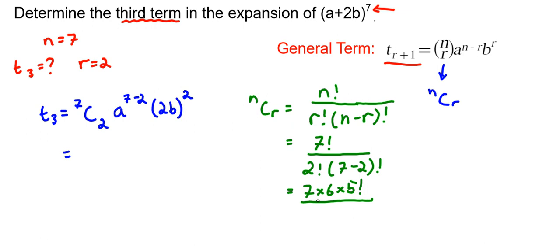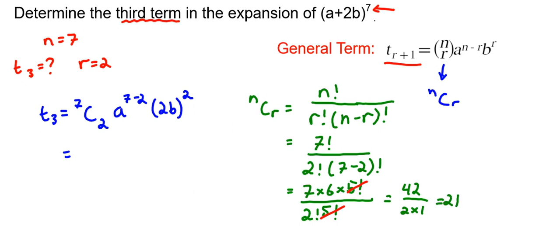So I've rewritten that, and we're going to have 2 factorial, and the other bracket becomes the 5 factorial. So you can see why I stopped, because this 5 factorial is divided by that 5 factorial. So really what we have in this case now is 7 times 6, which is 42, divided by 2 factorial, which is 2 times 1. So this is just going to equal 21.